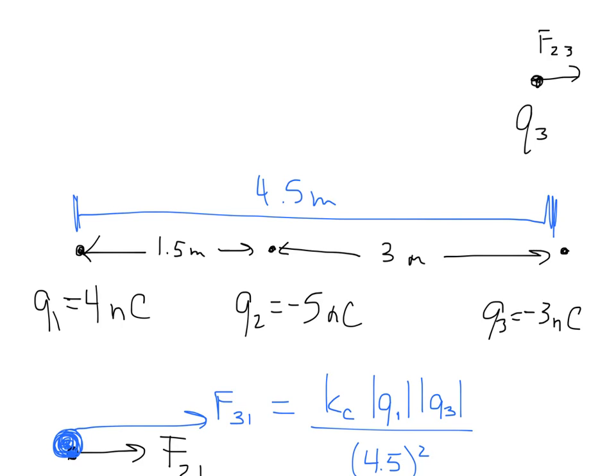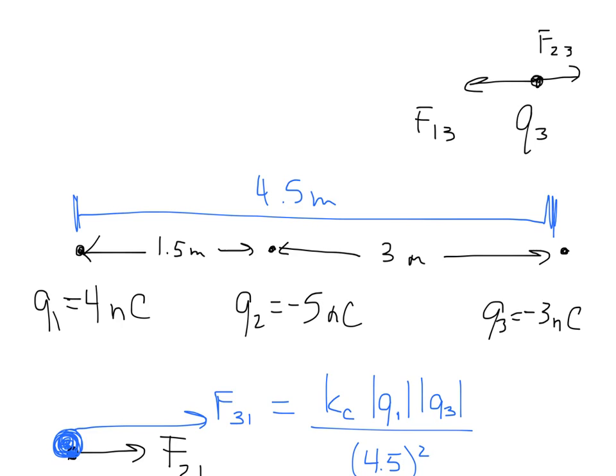Now, make believe particle 2 isn't there. Cover this up if you have to, or just cover it up mentally. Which way would particle 3 move, if it could, if particle 1 were stationary? Yes, this is positive, this is negative, therefore this would be attracted toward it, so the arrow on our free body diagram will look like this. The force from particle 1 on particle 3.